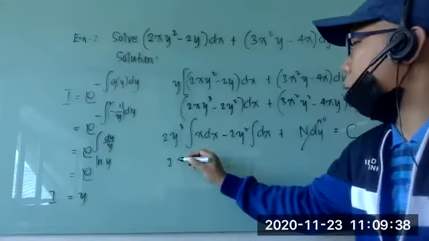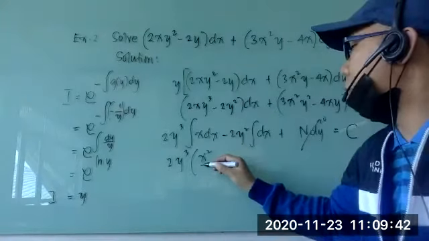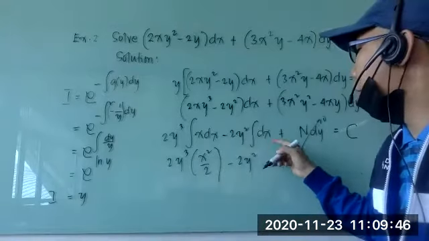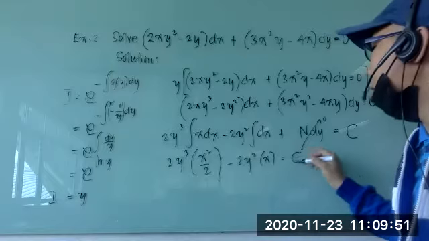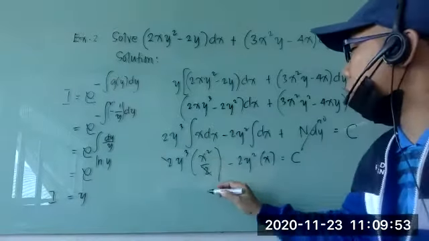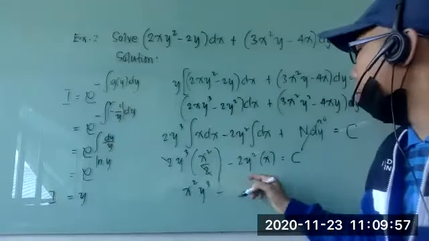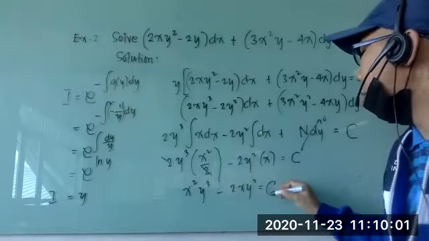This will become 2y cubed x squared over 2. Power formula lang. Minus 2y squared integral ng dx is x equal to c. So makancel natin yung 2 dito. So this will become x squared y cubed minus 2xy squared equal to c.